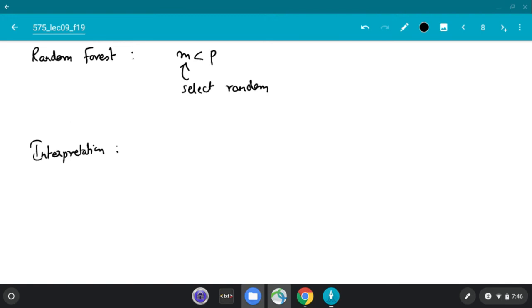So here's a simple way that some of you have seen. What we're going to do is get a measure of variable importance, which means that for each variable, I have capital P number of variables, I just want a number, a score of how important that variable is to the prediction problem at hand.